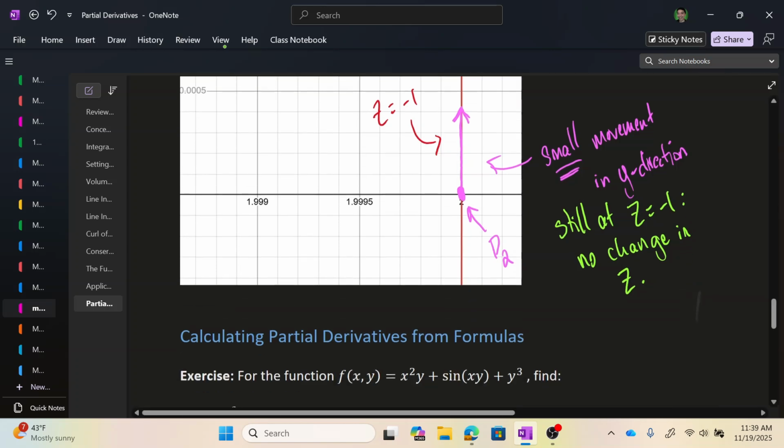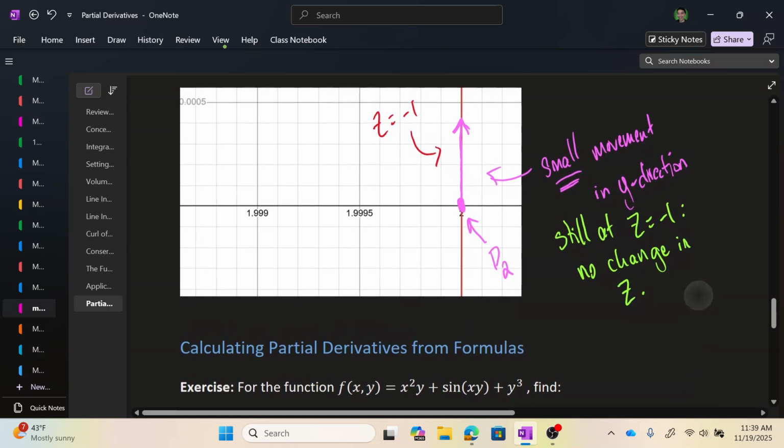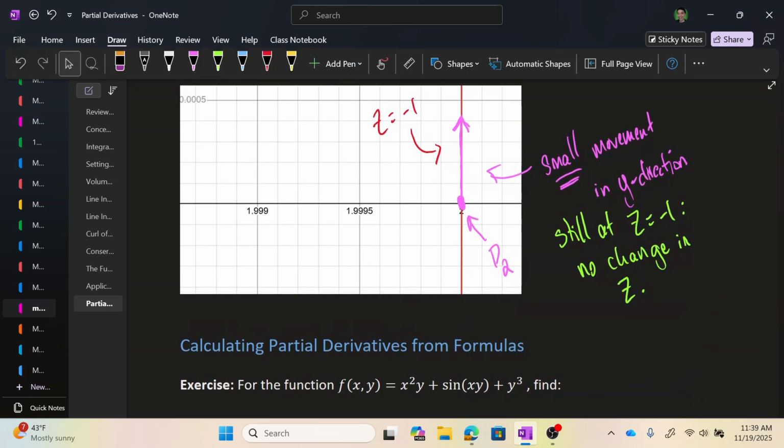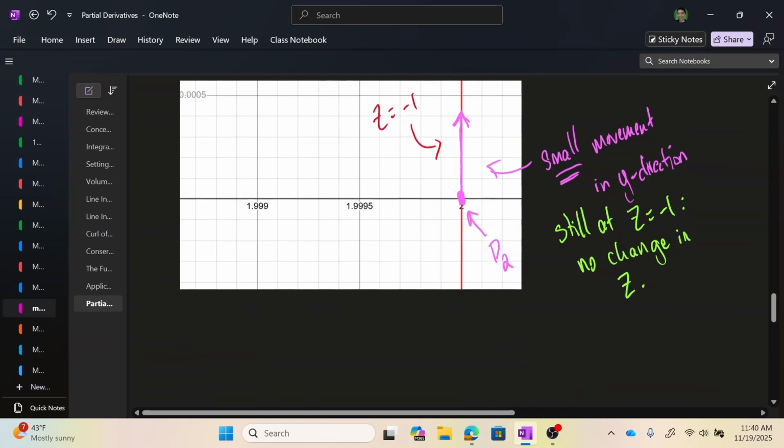The reason for this behavior is that at the point P2, the y direction was actually tangent to the level curve.